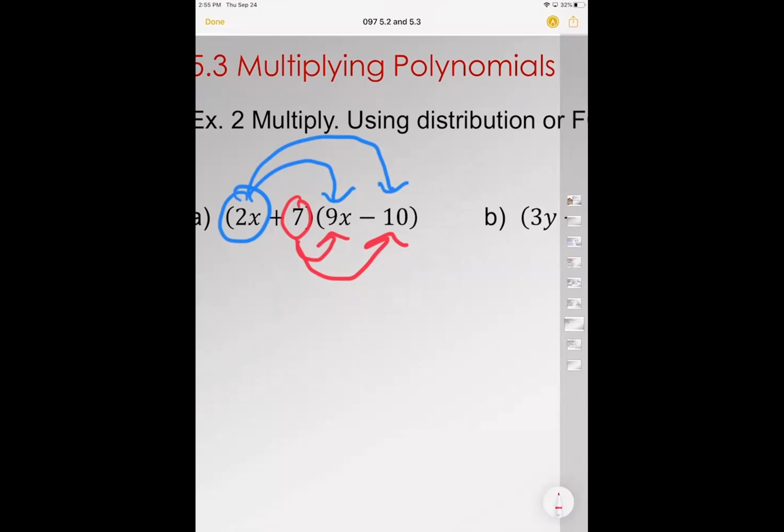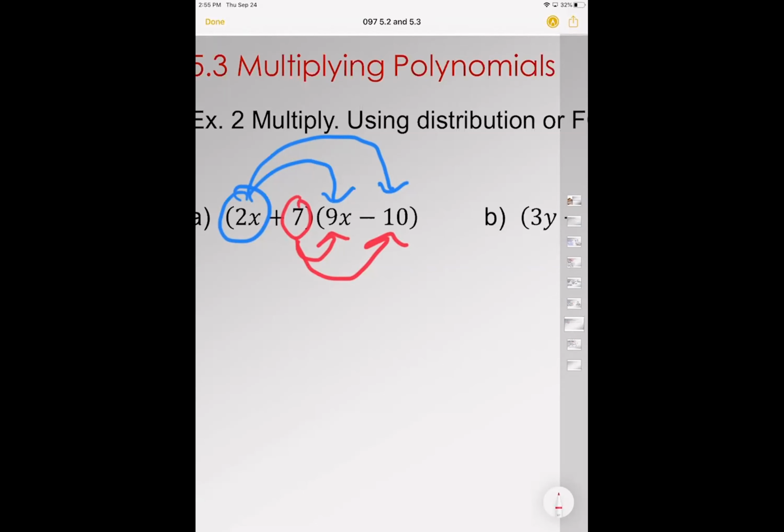But the one thing is I don't mention it a lot because next week, when we do a binomial times a trinomial, we cannot use FOIL. So for me the easiest thing is to just use the distributive property, and just go ahead and distribute as you've been doing.